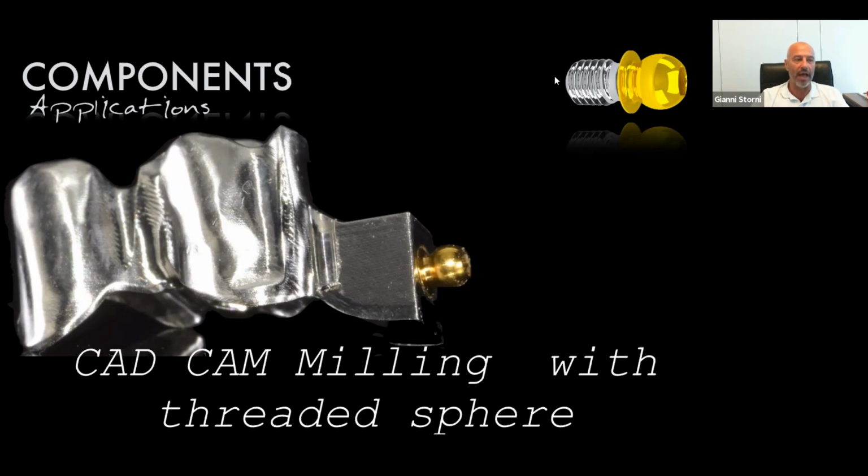So we only need to screw the attachment into the prefabricated thread. The yellow color that you saw is a surface treatment to increase the hardness. So the quality is absolutely super, very hard, up to 1900 Vickers. We have the hex to be screwed, and so we have the whole crown milled with CAD-CAM.